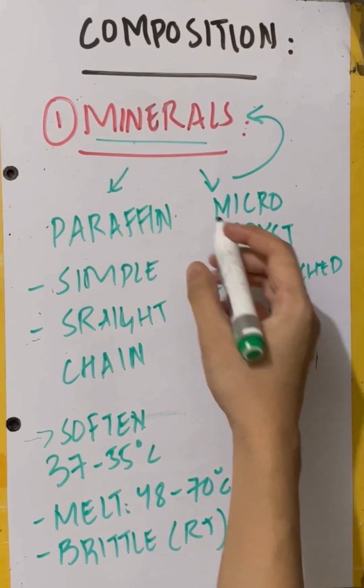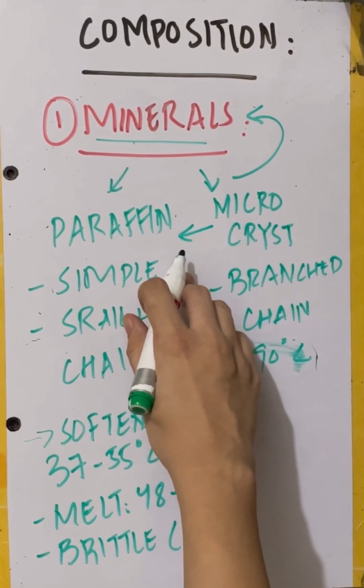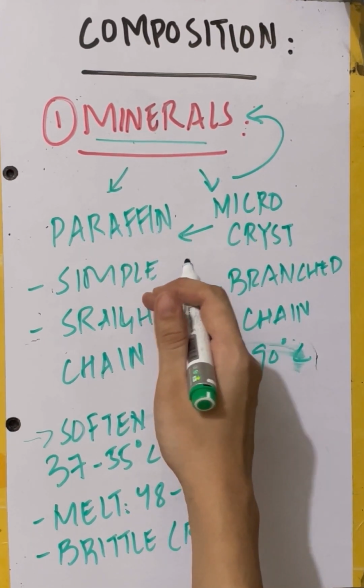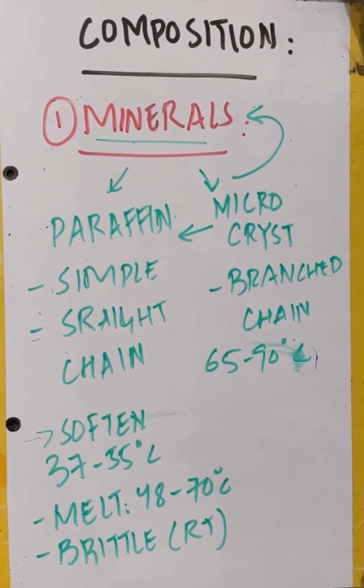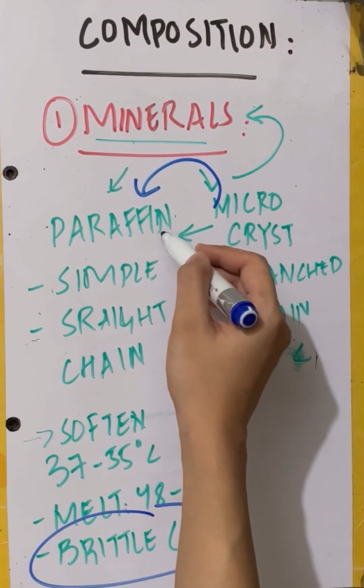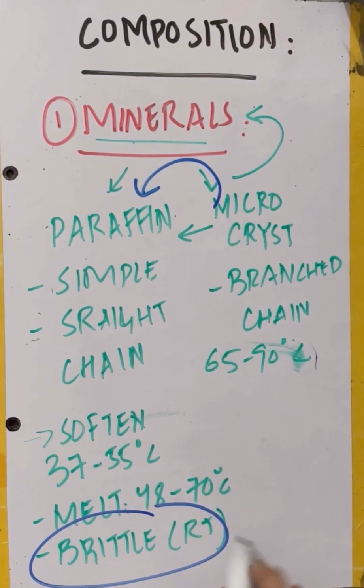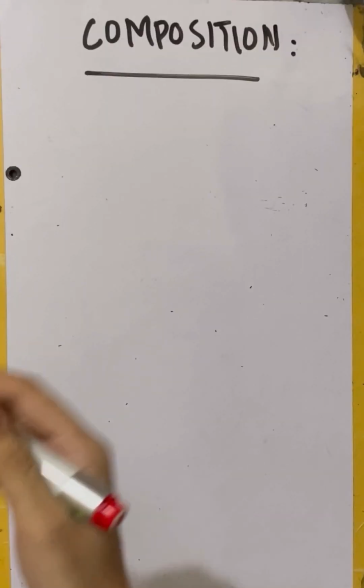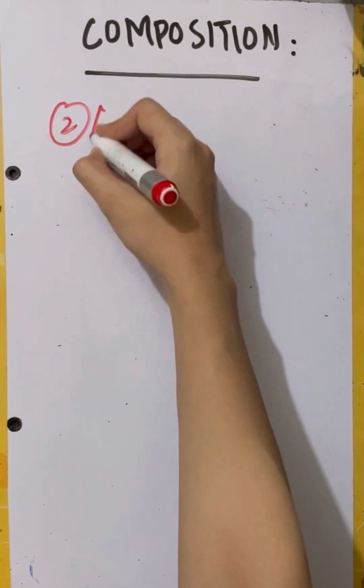Microcrystalline wax is added to paraffin wax. Why? To increase paraffin wax melting point and to render the material less brittle. As we discussed, paraffin wax is brittle, so we add microcrystalline wax into the paraffin wax to overcome the brittleness and to increase the melting point.